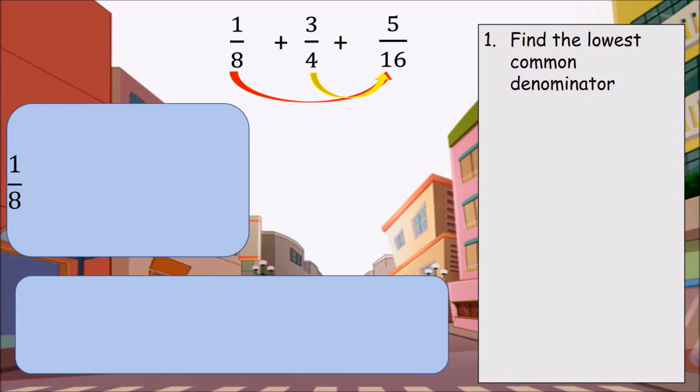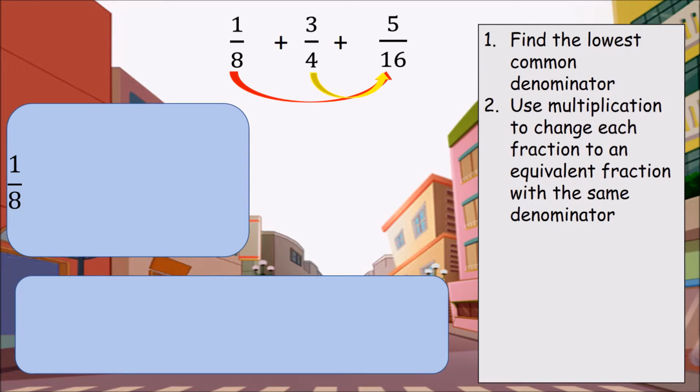Now we work this out by finding out how many times 8 goes into 16. So 8 goes into 16 using our times tables, 8, 16, so 2 times. And whatever we do to the bottom, we always do to the top. So 1 times 2 is 2, and 8 times 2 is 16. So 1/8 is equivalent to 2 16ths.